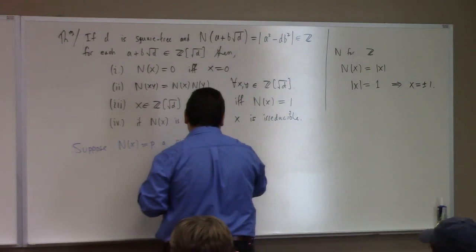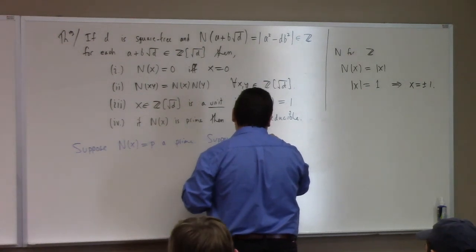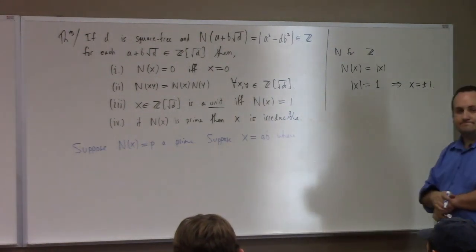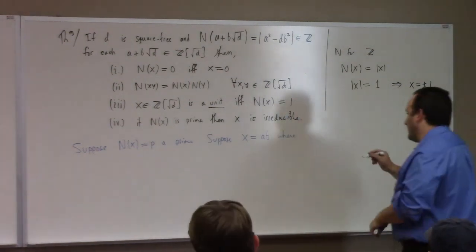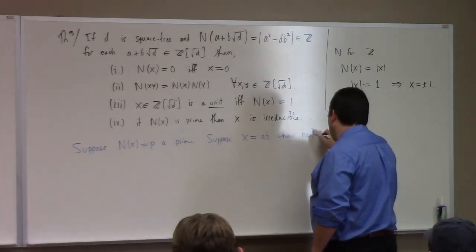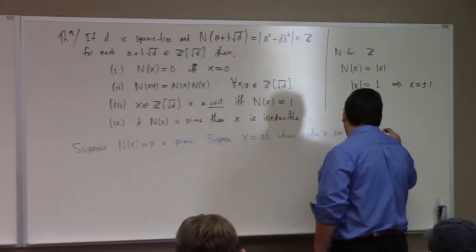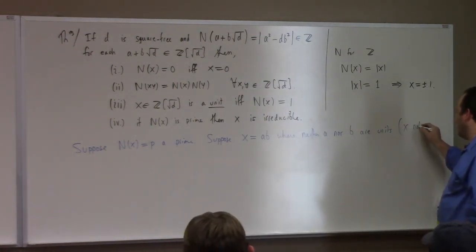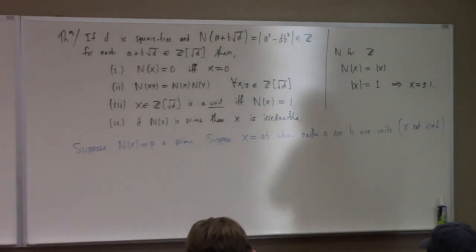And suppose that x is equal to ab, where neither a nor b are units, right? That would say that x is not irreducible, which is a really clumsy way of saying it's reducible. In other words, x is reducible.